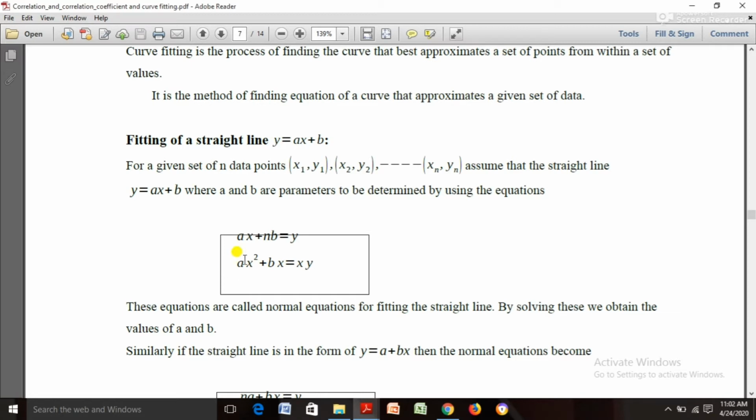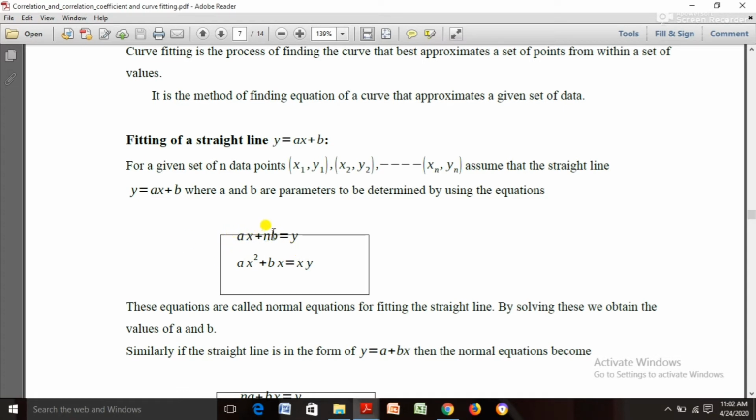It means a into summation of x plus n into b is equal to summation of y. Here x and y values are given. We can sum the x values, that is summation of x, and the y values, summation of y. The x values we can square, that is summation of x square, and summation of x again, is equal to summation of xy. So these formulas are there.